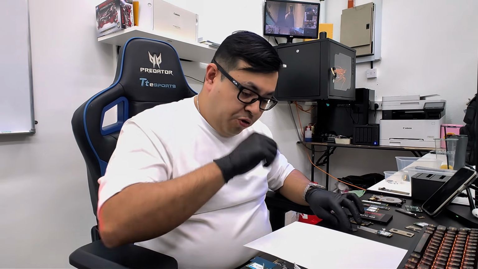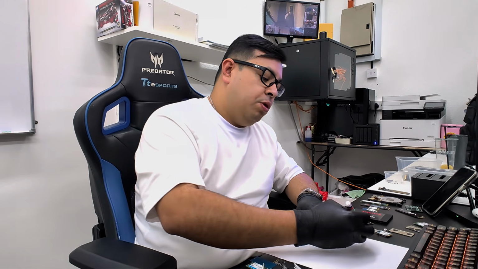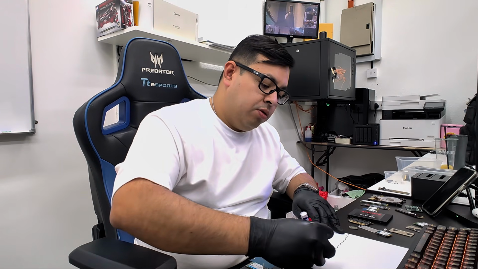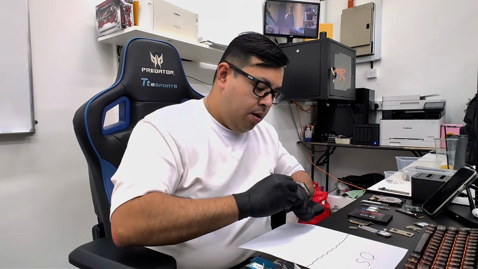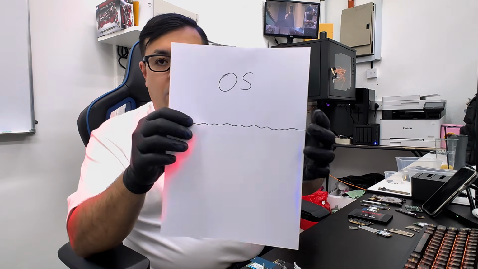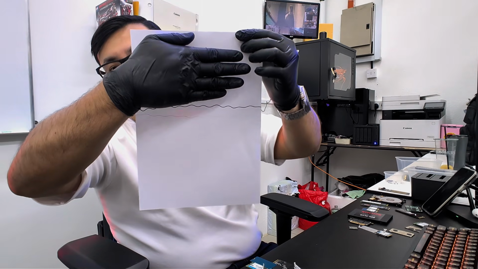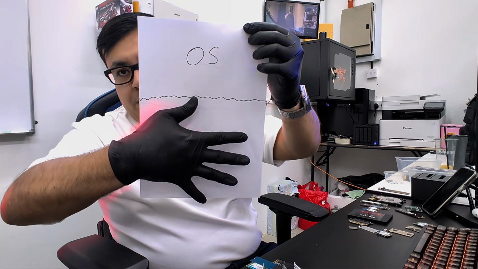So when you get your laptop, the first thing you will do would be to install an operating system, may it be Windows, Mac, or Linux. So this is your operating system. So this is the NAND. Roughly this amount has been used for your operating system, which leaves only this much free space.